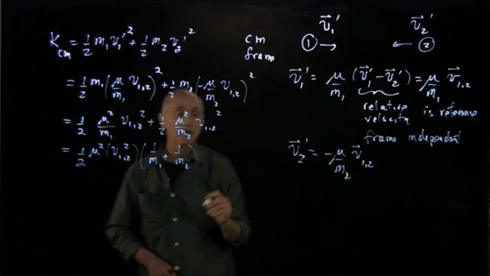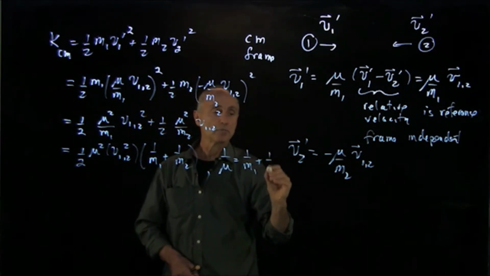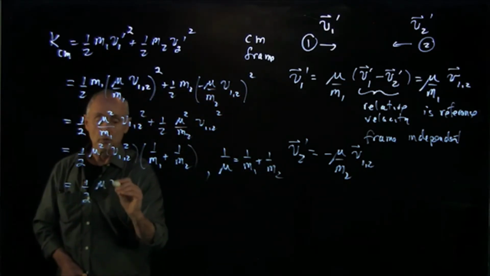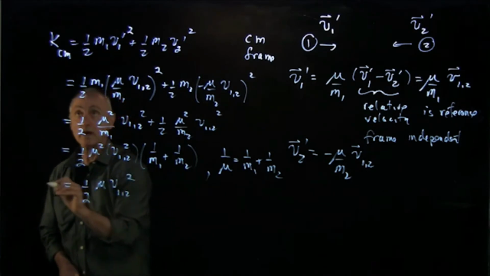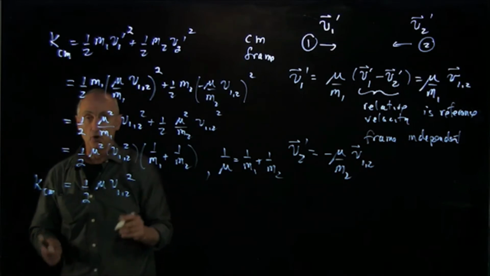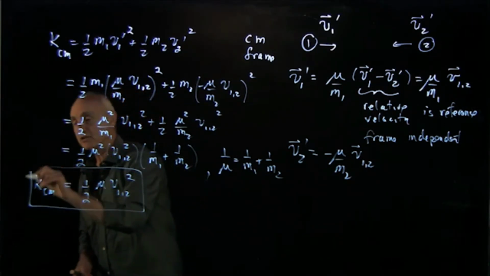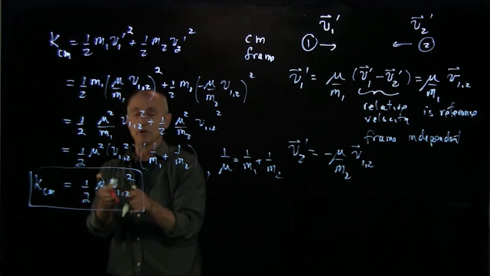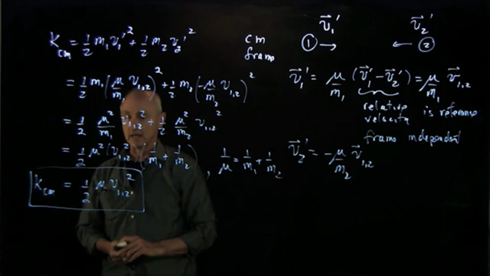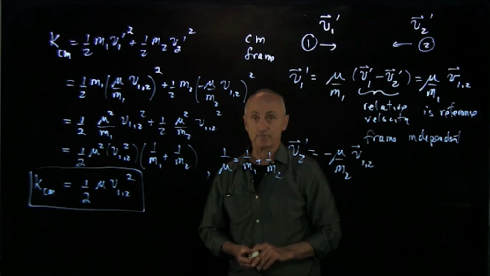But recall that the reduced mass was precisely 1 over m1 plus 1 over m2. And so I get 1/2 mu times v12 squared is the kinetic energy in the center of mass frame. So a way of thinking, if this were just a simple reduced mass problem with the relative speed of v12 squared, I can write down the kinetic energy.